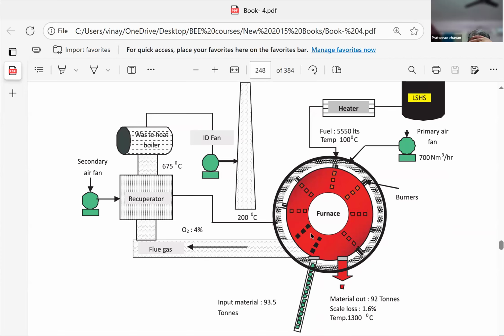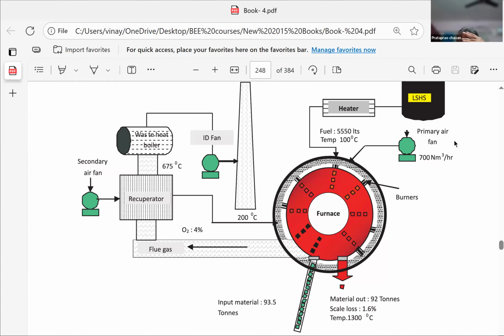Impure steel you can say, and this is a pure steel, just for convenient purposes. So impure steel weight is 93.5, pure material that is coming up 92 tons. So 1.5 tons, where it has gone? It will be going in the form of slag or some outbalance, you will see.